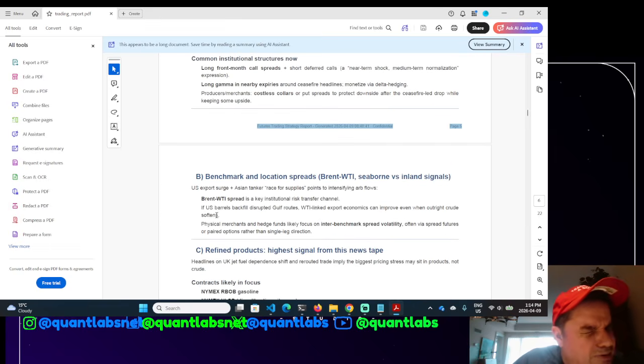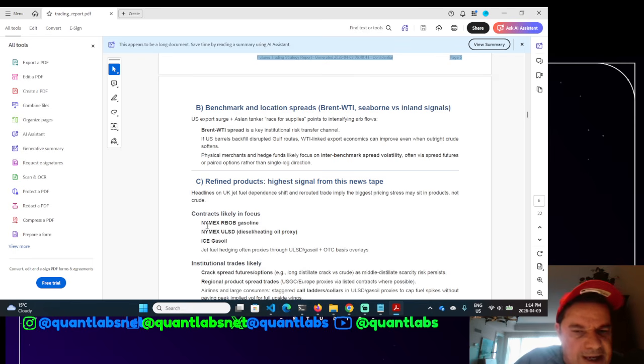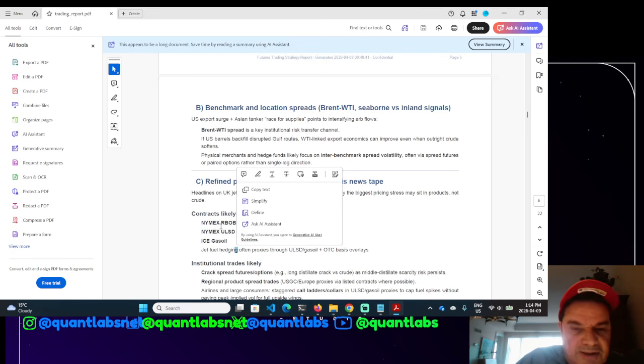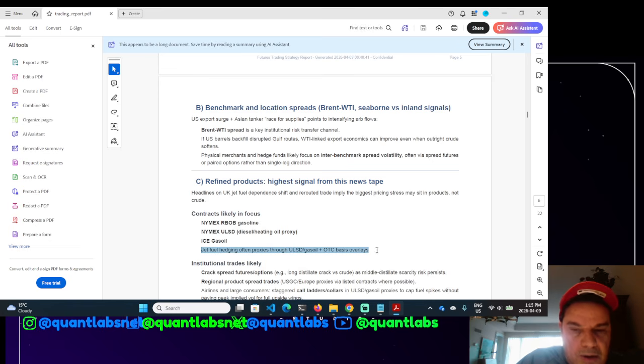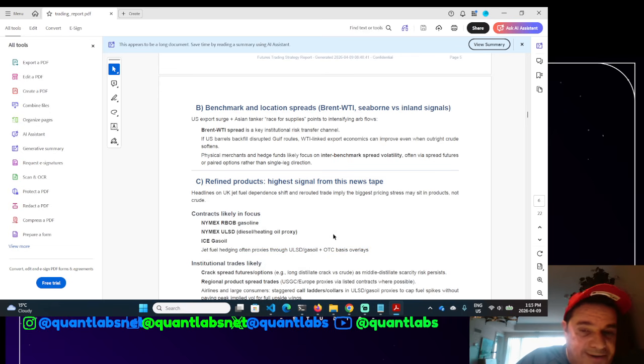Then we have Brent and WTI spread, impact on refining, which impacts all these instruments, namely jet fuel. Okay, so if you want to know about pricing on jet fuel, how it impacts airlines, and so on, you'll be weeks ahead knowing this.